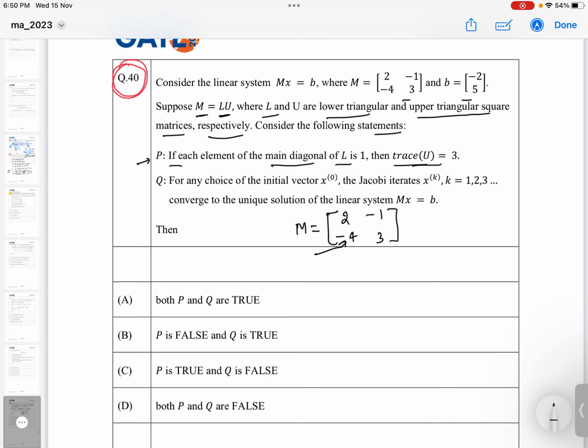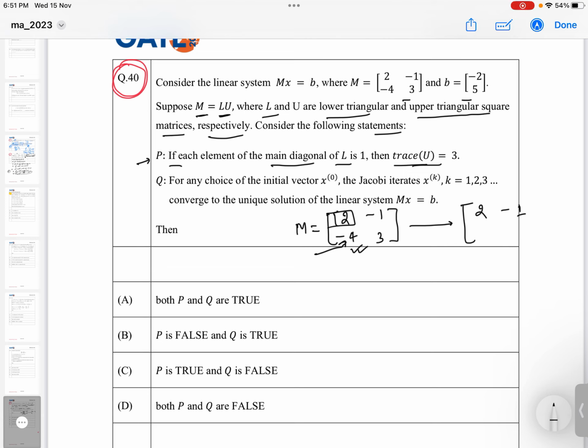Also, we will track the elimination matrix. The first row will stay as it is, and to make this entry 0, we will consider this as the pivot element.